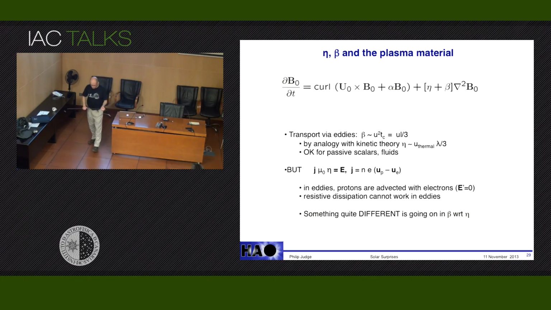Well, let's think about what this diffusion really is. If I have pure kinetic theory, my electric current density, what is the diffusivity eta coming from? It's 1 over mu 0 sigma.